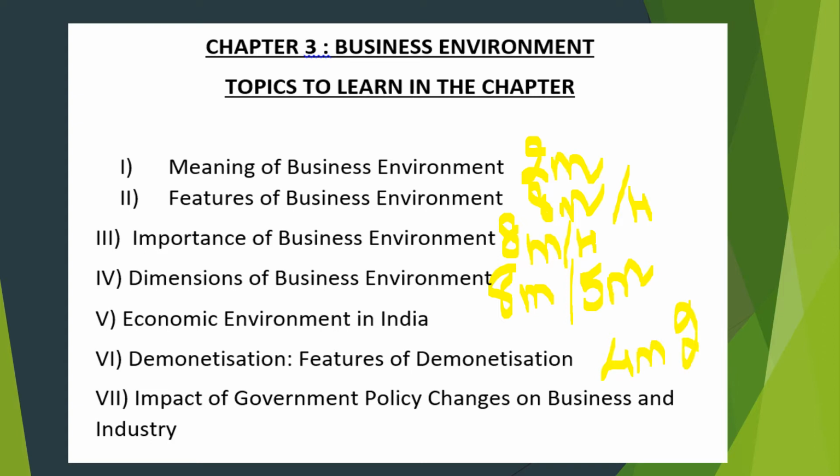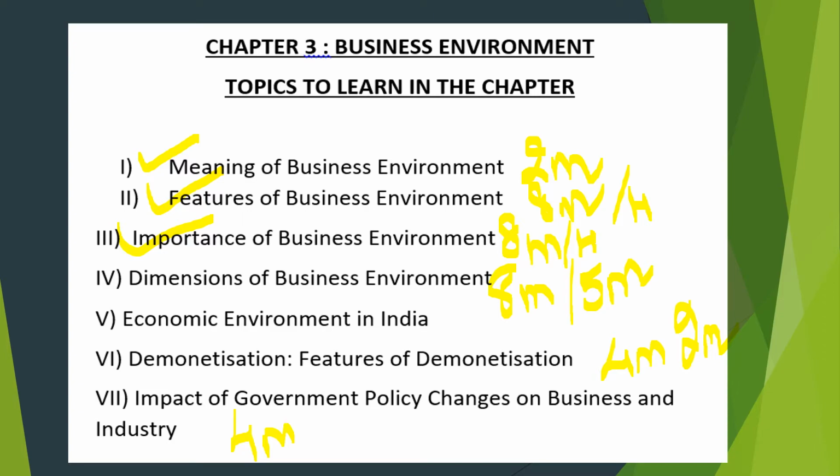Then the last topic usually comes as a 4 marker. So please ensure you're not quitting this chapter because it's a very easy chapter when it comes to scoring in your exam. So today we will be completing the topics related to meaning, features and importance of business environment.